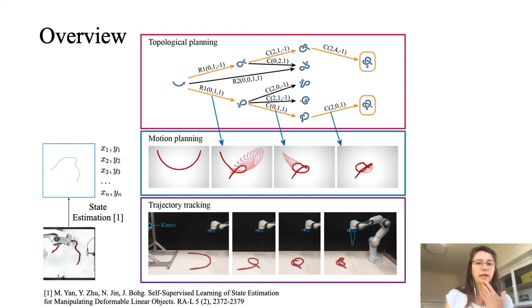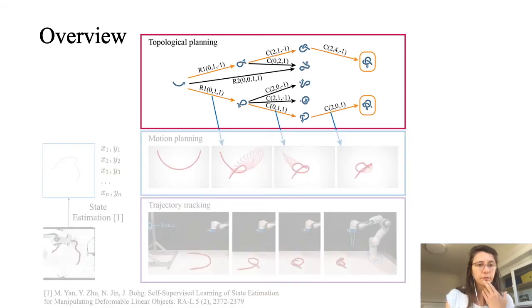So here's an overview of the entire system, which has 3 levels. On the top level, we start from an untangled state on the left, and the goal topology is given on the right, and we decompose the knotting task into steps by searching for a path in this graph defined by topology.